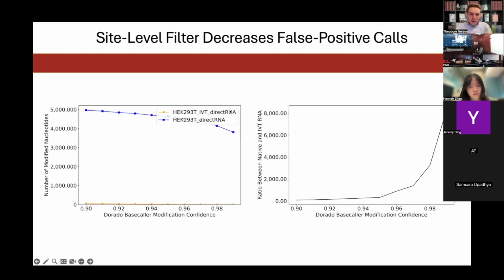And so the site-level filter says, for every site, is the number of modification calls greater than 99% that pass my per-molecule filter greater than the number that failed the filter plus 1?